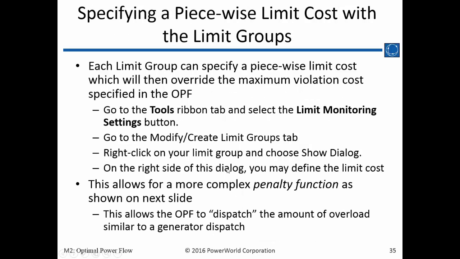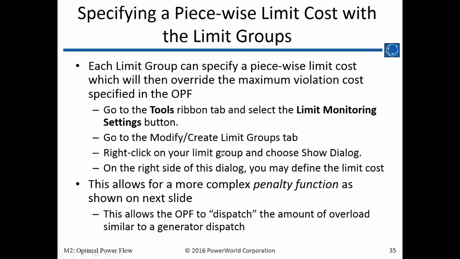So if you want to, you can also model a piecewise linear limit cost. So instead of having just one cost associated with violating a limit, it can have different breakpoints, and this is done with the limit group in the limit monitoring settings.